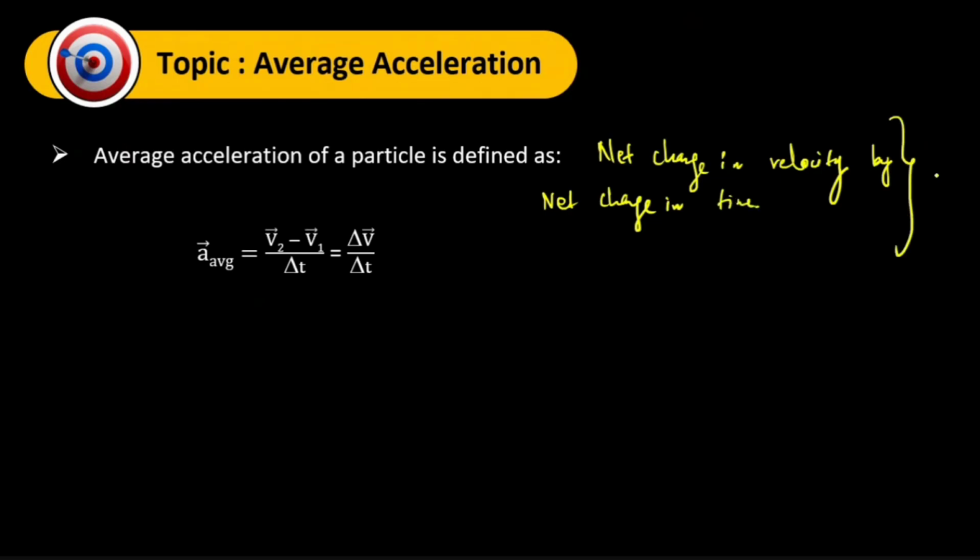Next is average acceleration. So it is net change in velocity by net change in time. This is something we'll discuss more, as I said about the average velocity, because that is also a vector quantity.